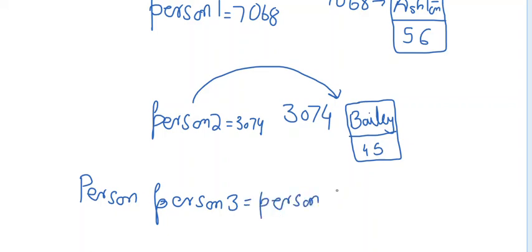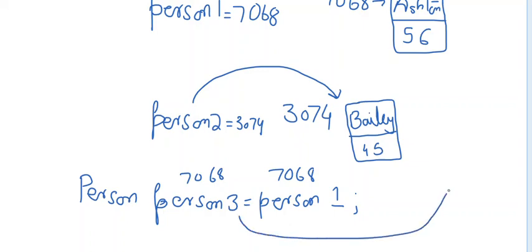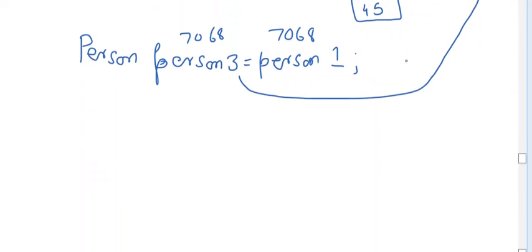What that means is that person1 was 7068, so this will also be 7068, and it will also be pointing to the same memory location. So now we have two references, person1 and person3, pointing to the memory location for person1. So we can say that person1 and person3 are shallow copies of each other because they are both pointing to the same memory location.